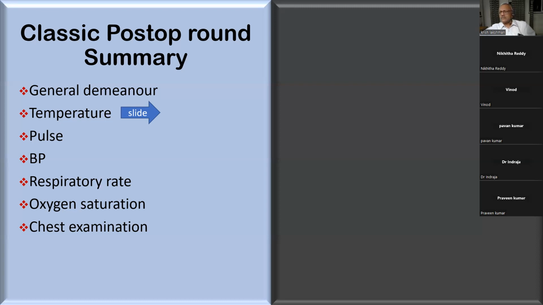Okay, what are the signs in the chest that you would be thinking about? Whether the air entry is equal on both sides or not. Sir, and any added sounds, vesicular or otherwise. Yes, sir.